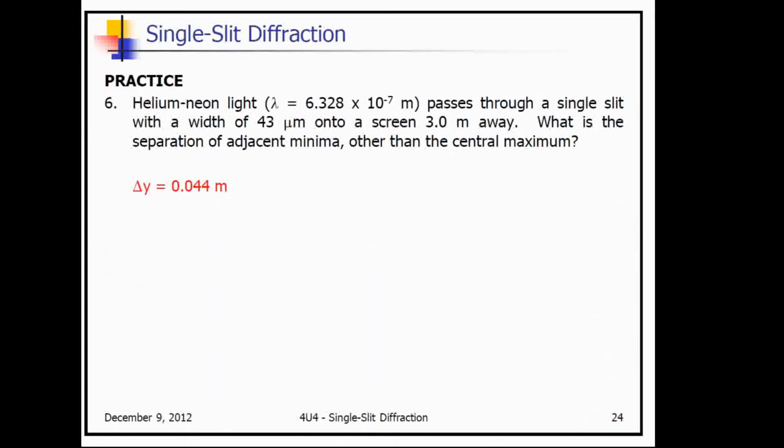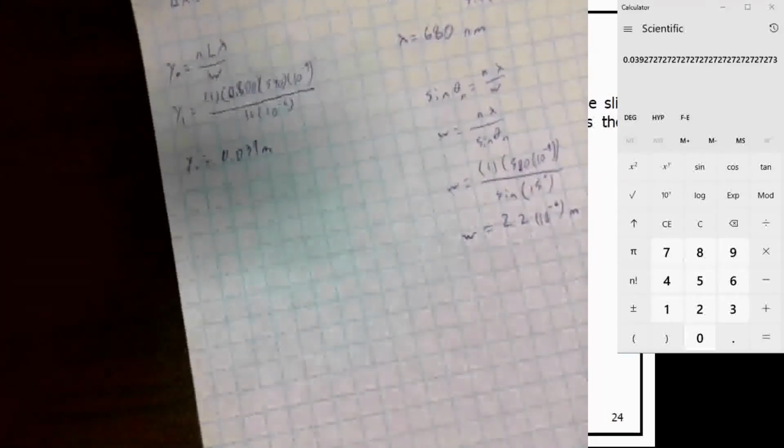So here's a question. It says helium neon light passes through a single slit with a width of 43 micrometers. The screen is 3 meters away. What is the separation of adjacent minima other than the central maximum? So we're basically asking what's the delta y. Let's look at how we solve this.